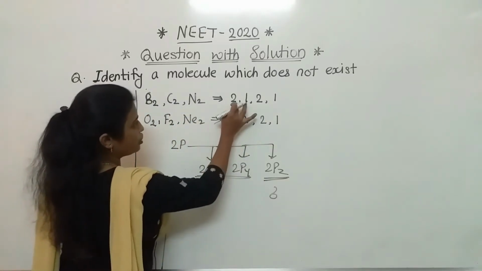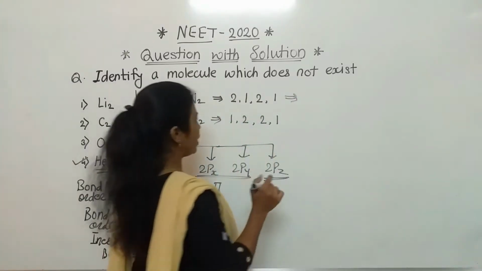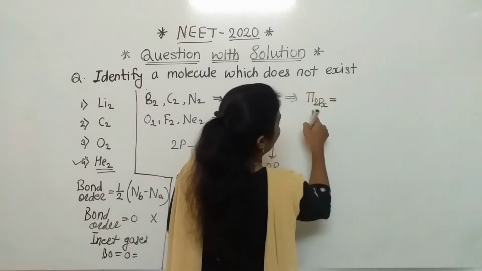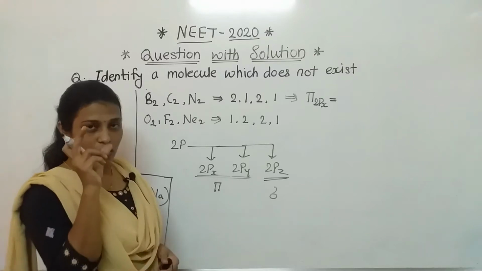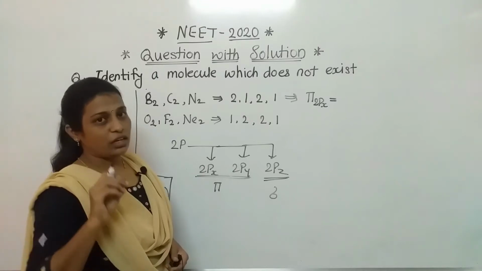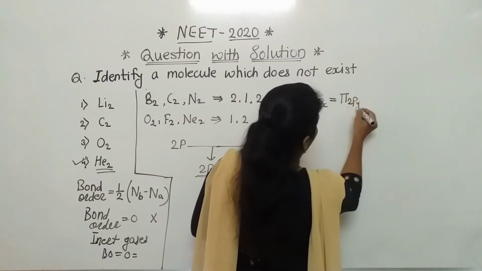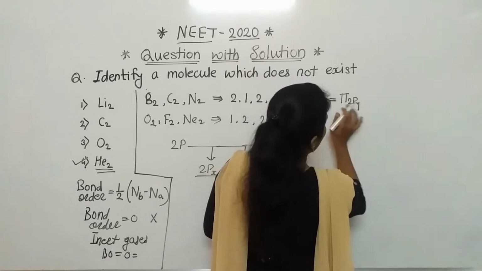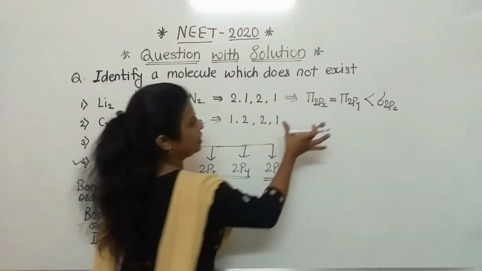So if we consider the first one, for the B2, C2 and N2 molecules, we consider 2 1 2 1. Here pi 2px and pi 2py have the same energy. If you observe that diagram, you can see two boxes drawn, which means 2px equals 2py, both having the same energy, while after that only one box is drawn, meaning sigma 2pz has greater energy than this pi.